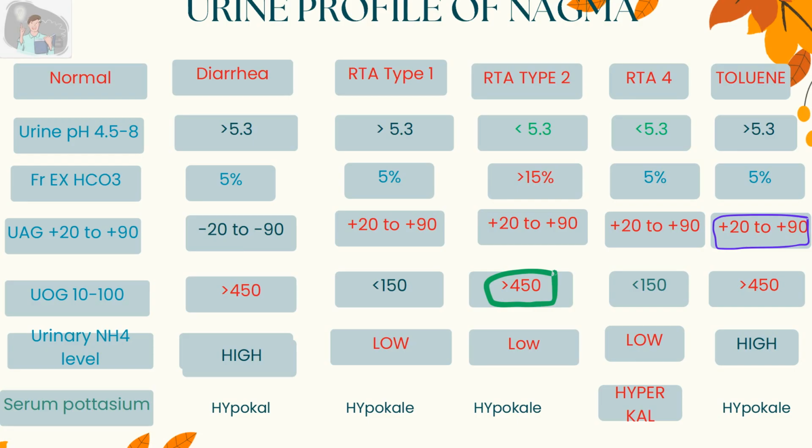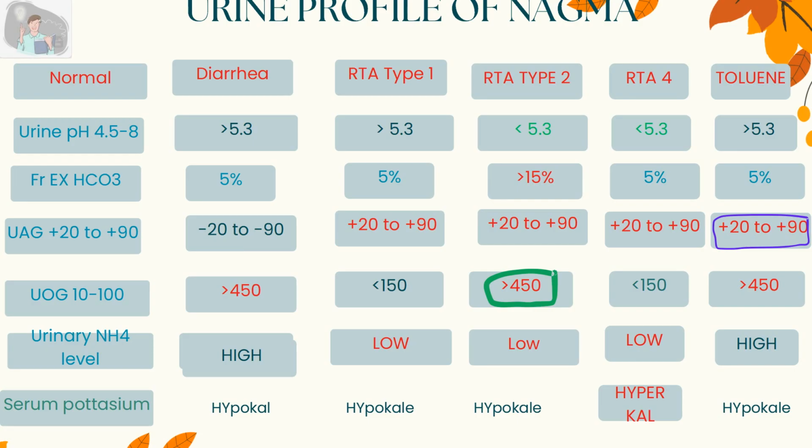And diarrhea and toluene both are acidemic conditions, so normally functioning kidneys would efficiently excrete the acid as ammonium chloride, and thus you would have high urinary ammonium level if measured. And also to be noted is, if the lab does the urinary ammonium level, then the surrogate markers of urinary osmolar gap and urinary anion gap would not be needed.